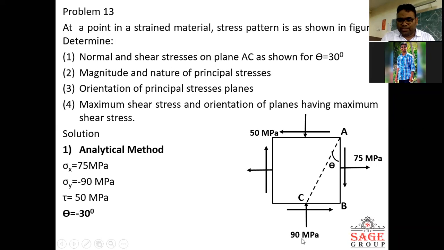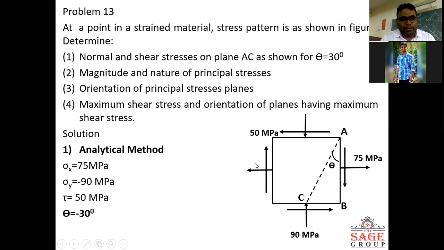According to this figure, we have to find these four things. First one is the normal and shear stresses on plane AC, this inclined plane, as shown, for theta equal to 30 degrees, which is given in the question.